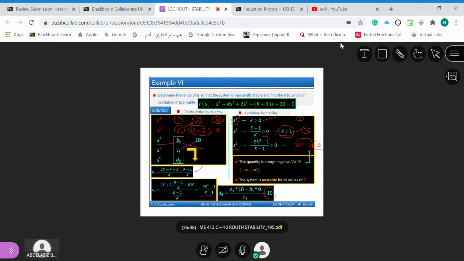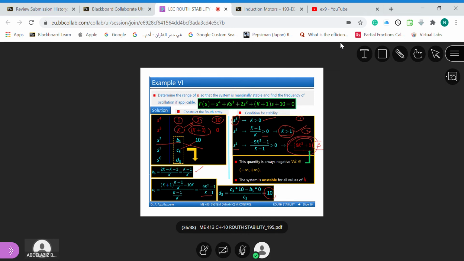This term, 9K squared plus 1, is always positive. Whatever the value of K, you square it, you multiply by 9, you add 1 to it, it will be always positive. Preceded by a minus sign, the whole term will be always negative, whatever K is. So the system is unstable.